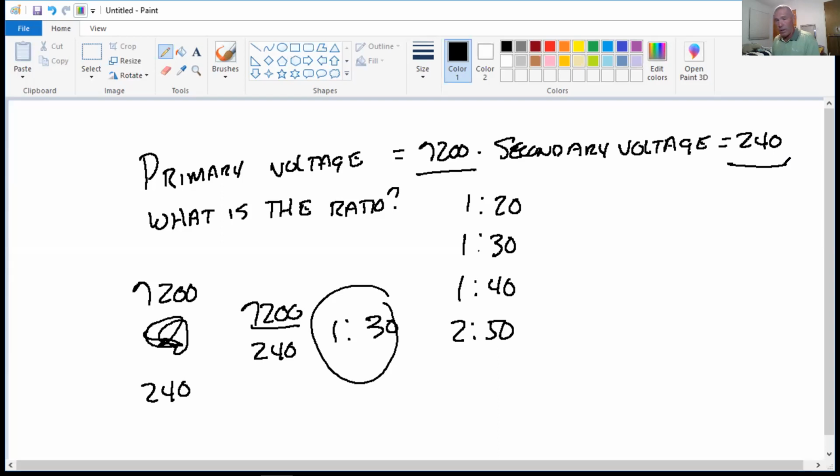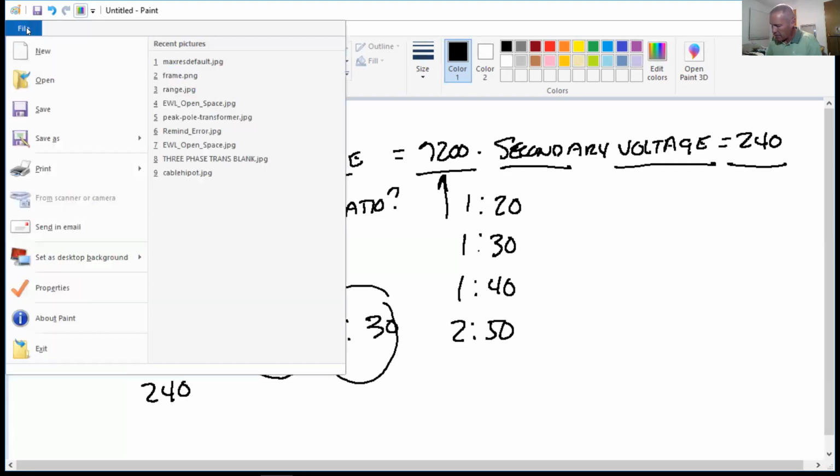I can guarantee we're going to plug in different numbers, but as far as the formula is concerned, this is it. Take the primary number, the higher value, primary voltage, and divide it by the secondary voltage. We talked about this yesterday morning too. Sometimes you might run into this.